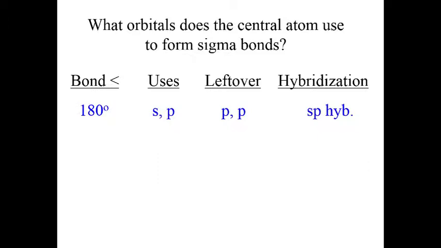We say that the other 2 p orbitals are left over, although we'll find in the next module that these p orbitals can engage in what is called pi bonding. So it's worth keeping track of them in our table. We would then say that the central atom uses sp hybridization.